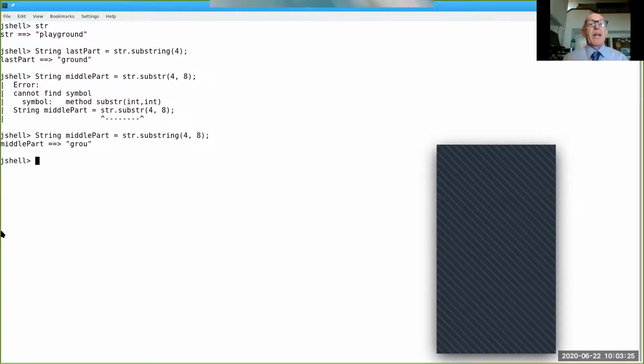How come 4 is included? The starting point is included. In almost everything that you see in Java, it includes the starting point but does not include the ending point. And when we start learning about loops, it's going to fit just right into it. It's just like math.random.